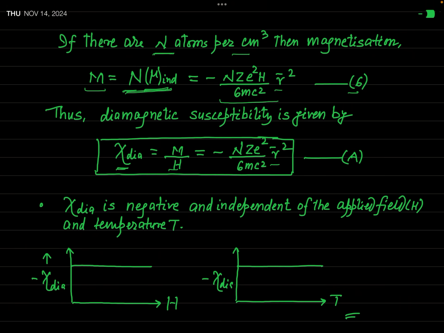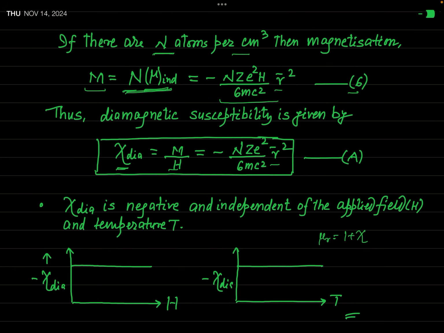And you can see from this result that this susceptibility is negative. This is the very remarkable fact that for a diamagnetic material, the magnetic susceptibility is negative. It is very small and also negative. And you have studied in my first lecture that mu r is equal to 1 plus chi, and here you can see that this chi is negative.